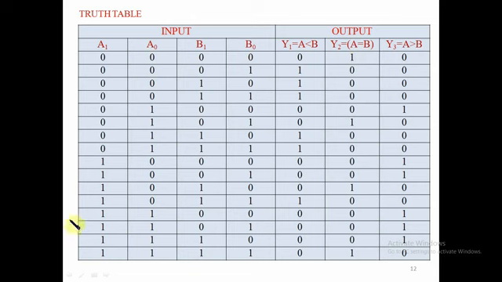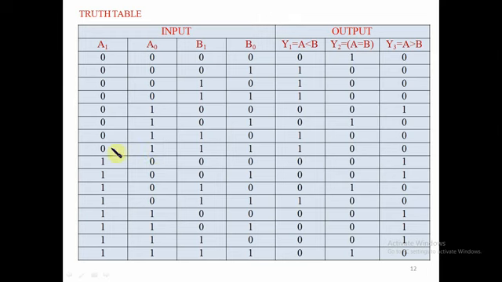Now take any one value here. Here also 1 1 1 1 means there are 1s on the a side and on the b side, and so on. Now take the example 0 1 1 1.